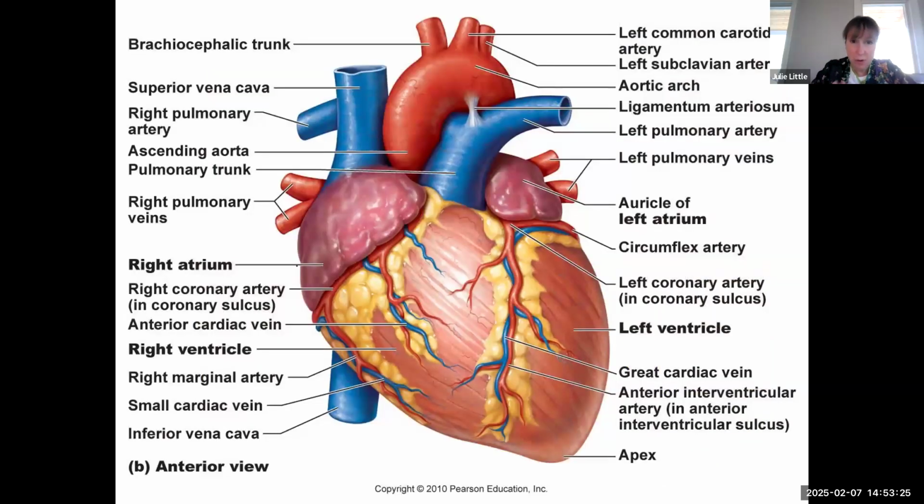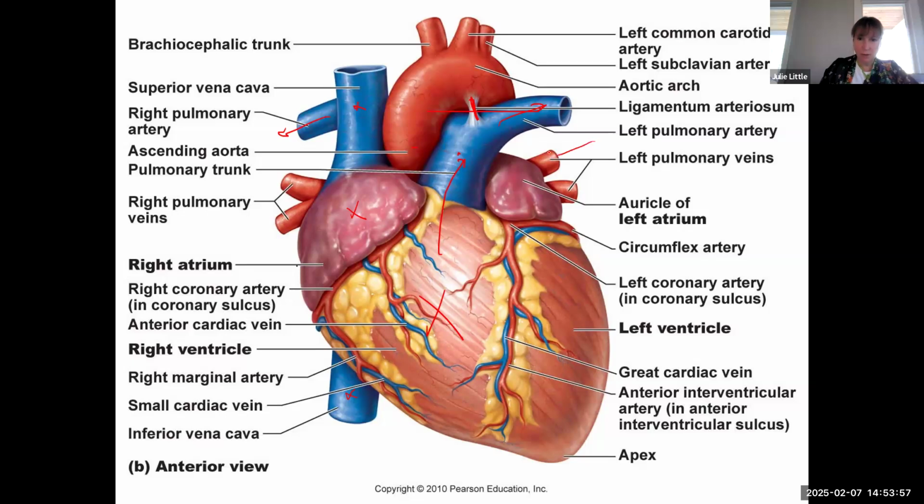Okay, this is the same stuff we've been going over. I like this picture a whole lot though. So we have our aorta, our pulmonary trunk, our ligamentum arteriosum, this is review, our superior vena cava and our inferior vena cava. They feed into this right atrium, which feeds into the right ventricle, which takes blood out through the pulmonary trunk to the left and the right lungs, through the pulmonary arteries.